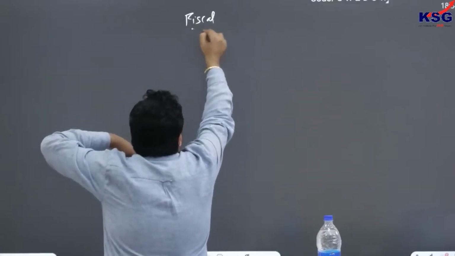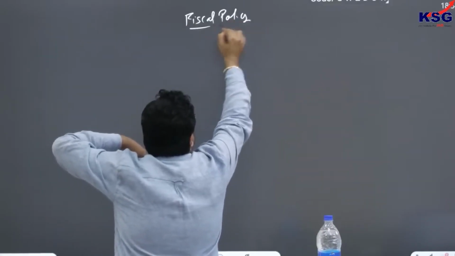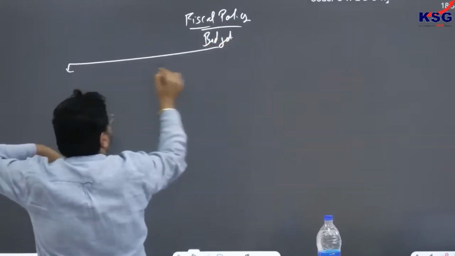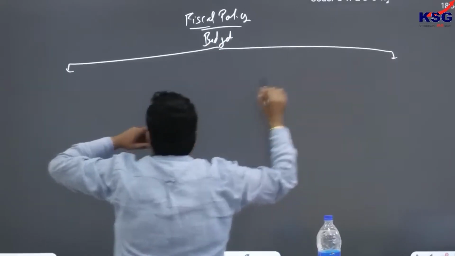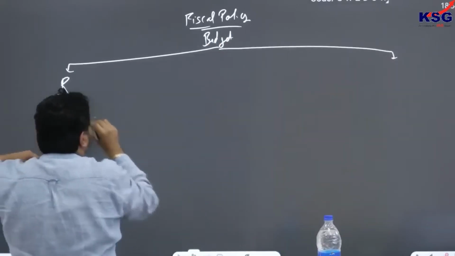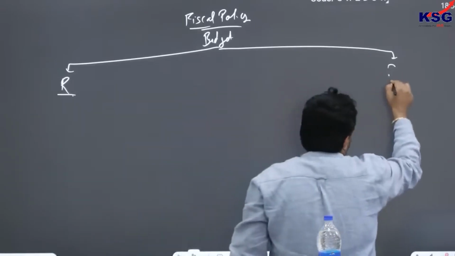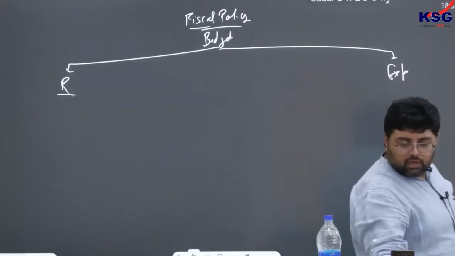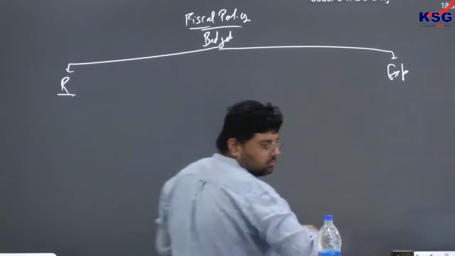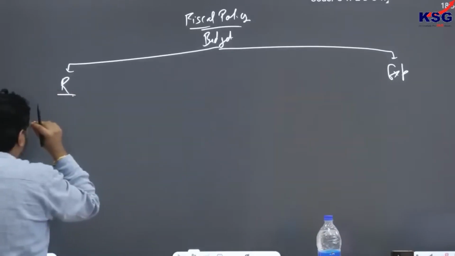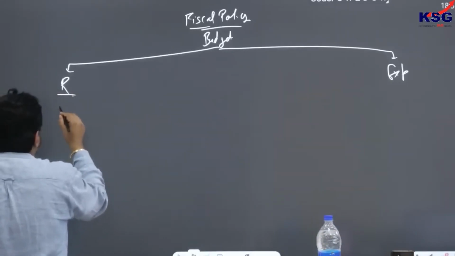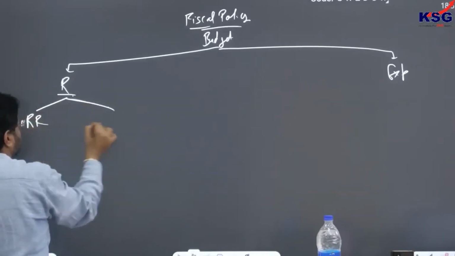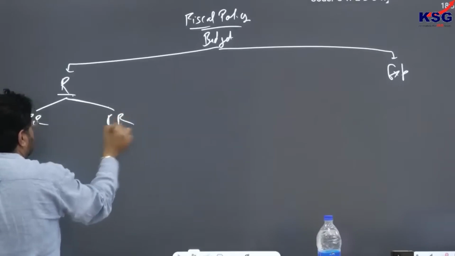So till the time other students joined, whatever we have covered, I told you that there are two components. Number one, the receipt part. Number two, the expenditure part. In the receipt part, I told you there are revenue receipt and capital receipt.